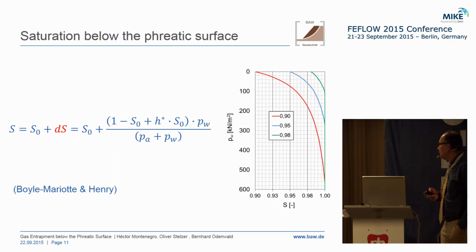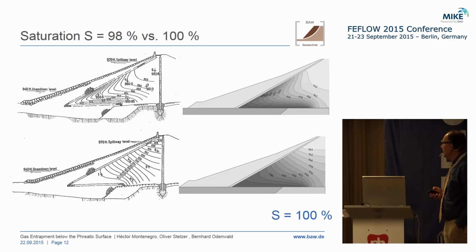If we choose the first approach, we have to assume some kind of initial saturation. This is the parameter S0. This is a parameter we can hardly measure in the field, but it determines the amount of gas below the phreatic surface. However, we can check that, and we made some kind of inverse problem approach.